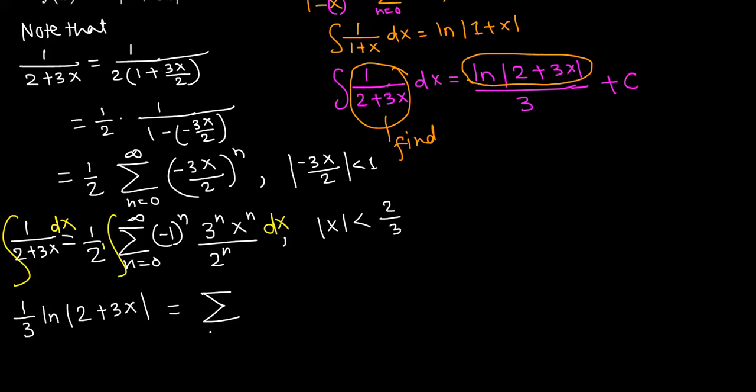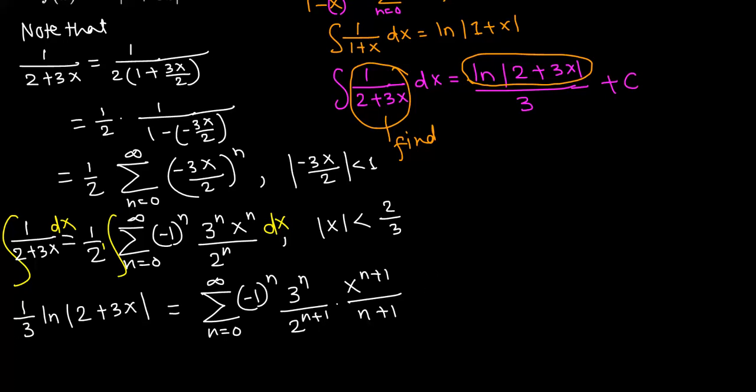So sum n from 0 through infinity, -1 to the n, 3 to the n over 2 to the n, and outside 2 to the n plus 1 times the antiderivative of x to the n. Sorry, integration, this is antiderivative. So that will be x to the n plus 1 divided by n plus 1.